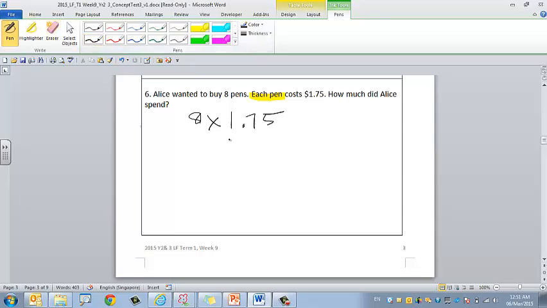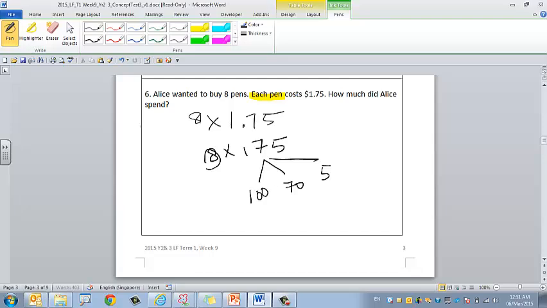For this, don't worry. Every time you see the decimal point, don't worry. Ignore the decimal point. So 8 times 175. Okay. So first step, circle the smaller number. Then you split the bigger number. So we have 5 here, 70 and 100.